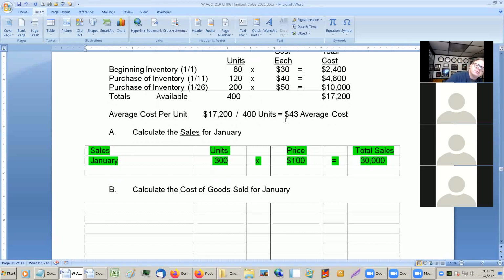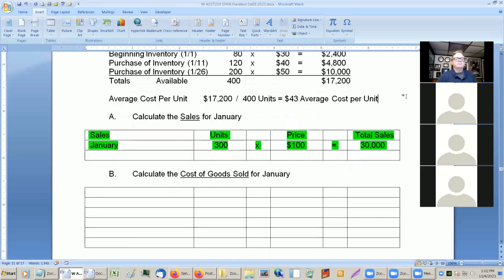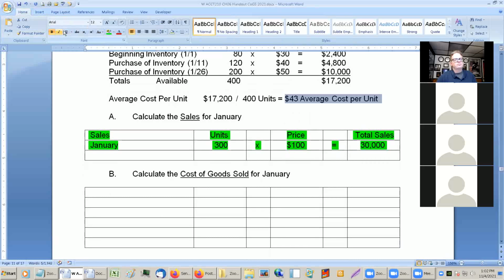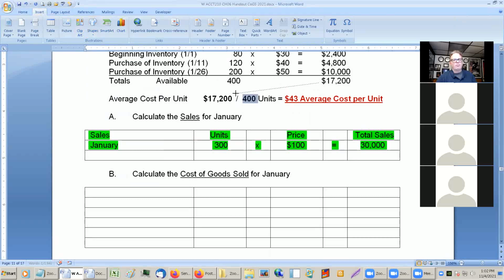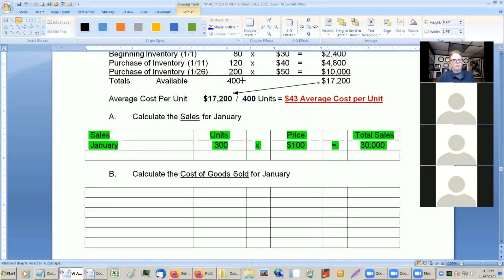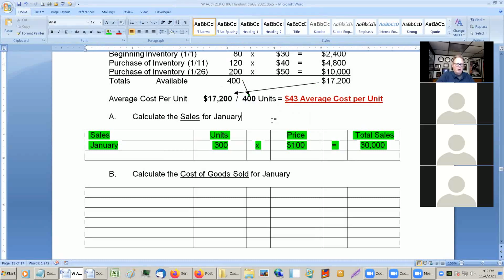So it's called the weighted average cost. So our average cost per unit is $43.